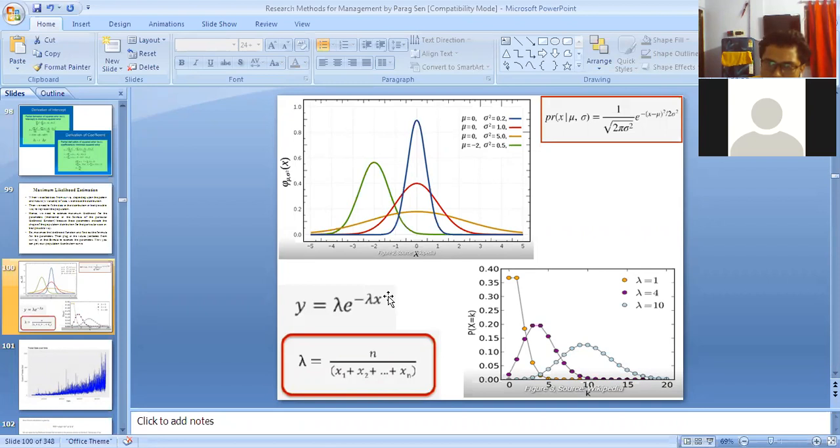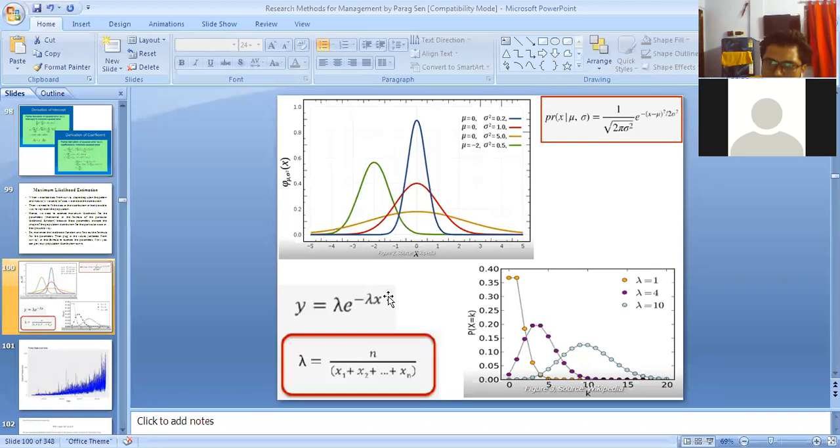For example, if you have taken the data of some arrival rates in a ticket counter, you can very clearly understand that this data is suitable for the Poisson distribution.